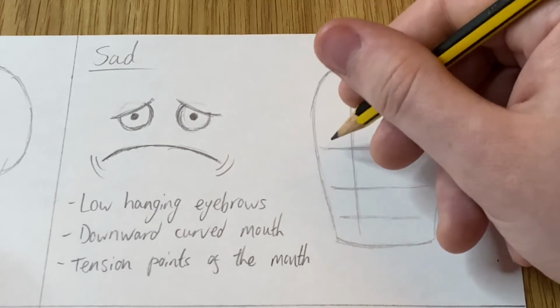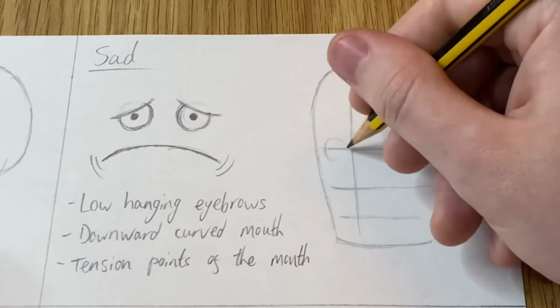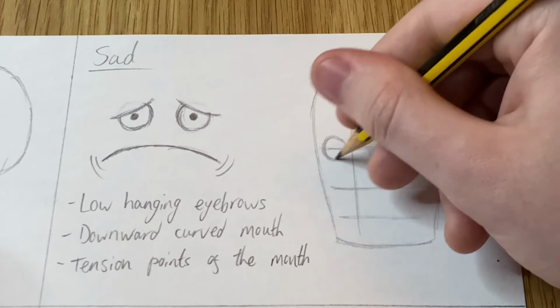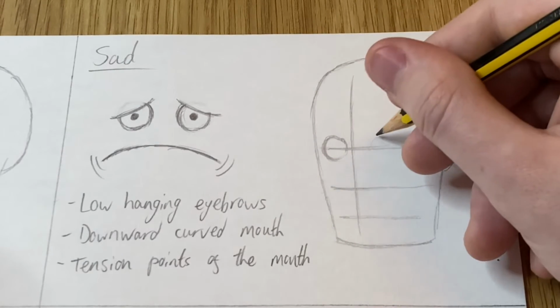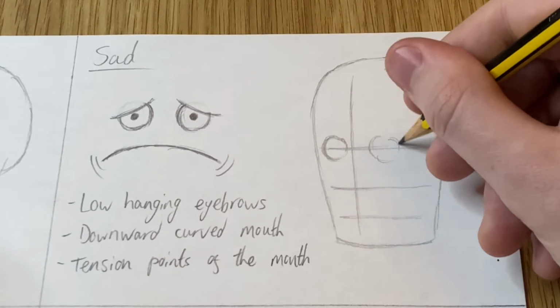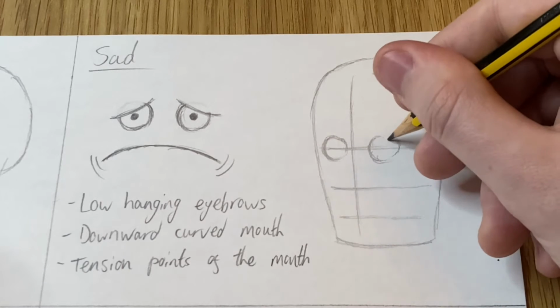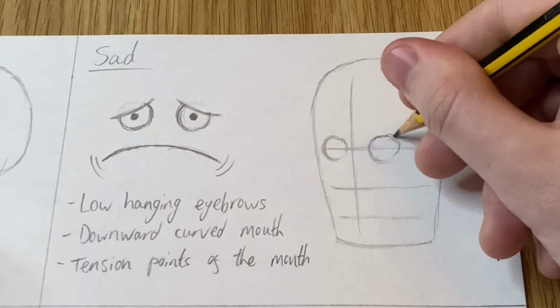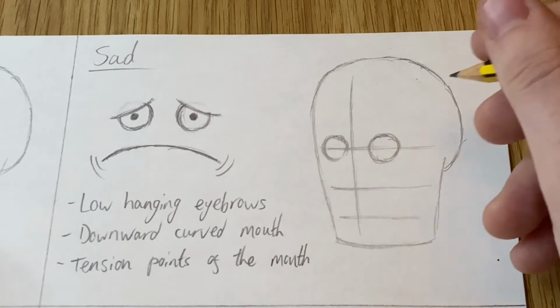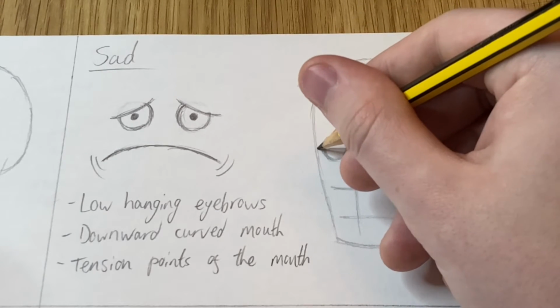So on the face, same again, we'll be adding in the 2 circles here. So these circles will represent the eyes. And then what we'll be doing is adding in our eyebrows again.